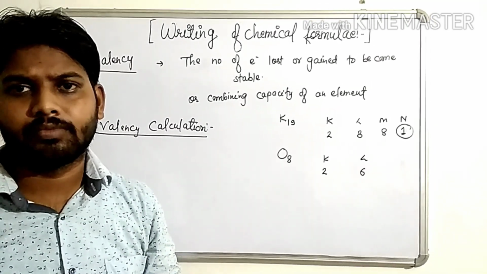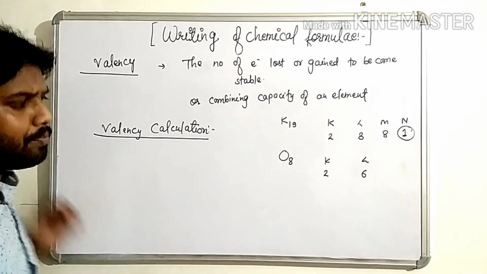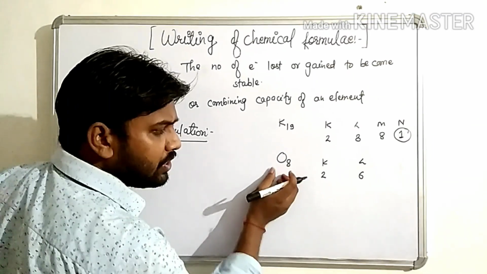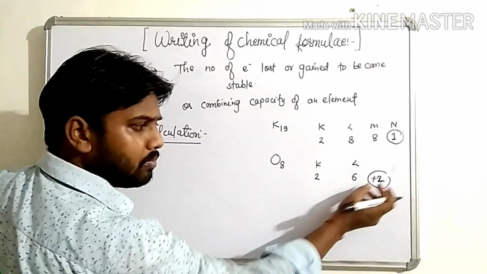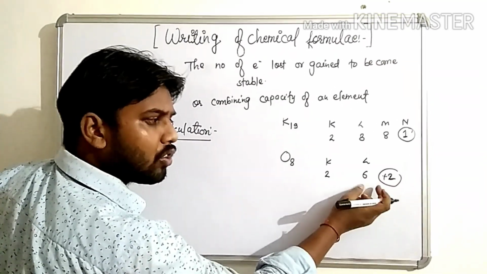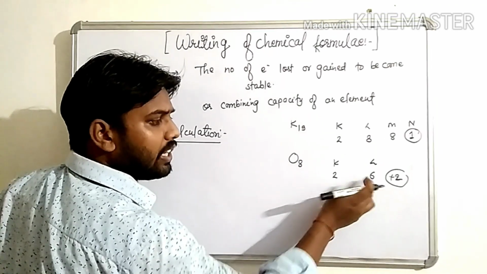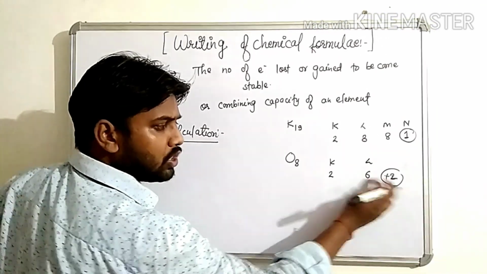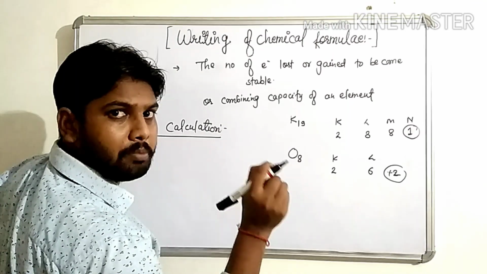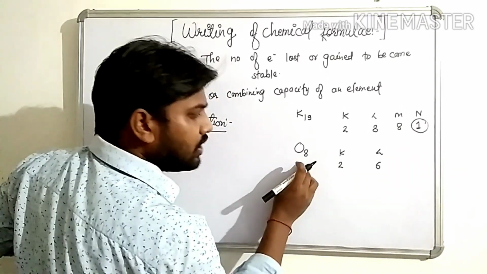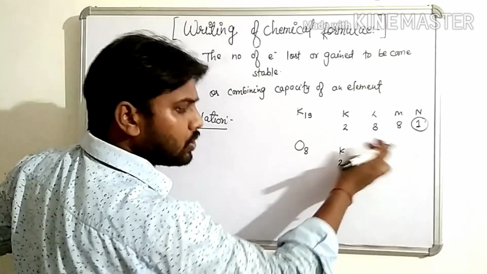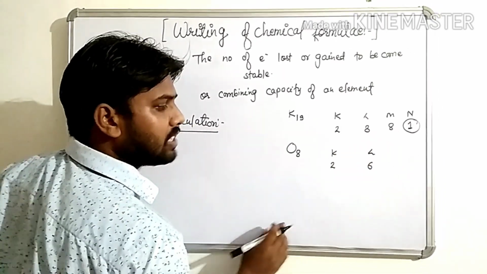So if oxygen gains 2 electrons from other atoms, it goes from 6 to 8 electrons and becomes stable.